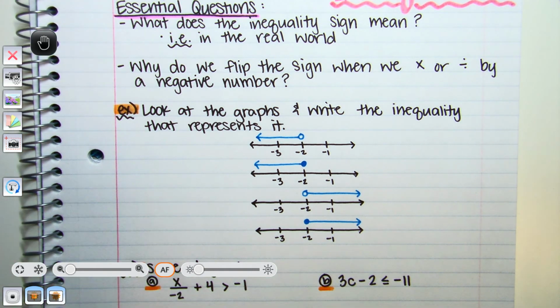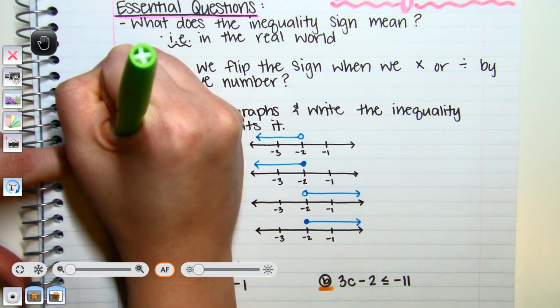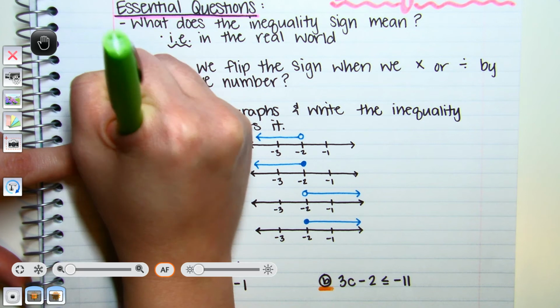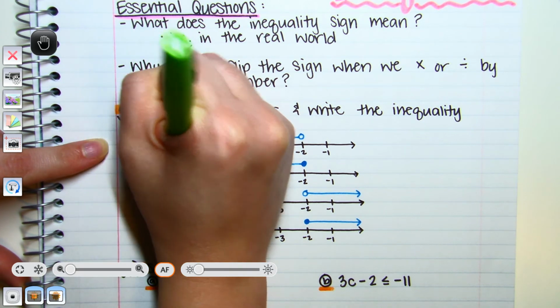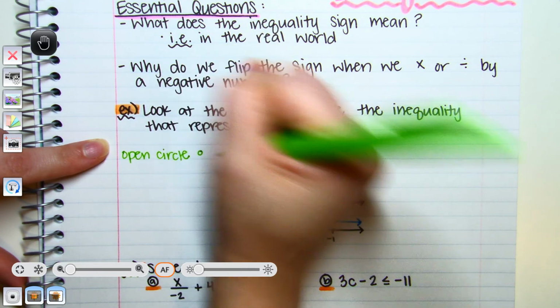So I'm going to write that in green instead, over here on this side. An open circle on your graph is when it looks like that.